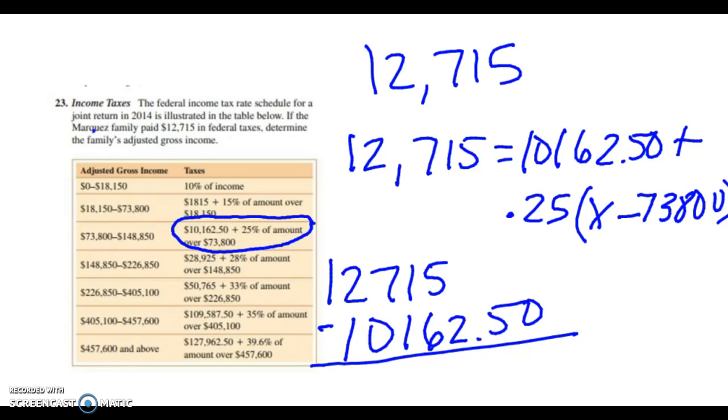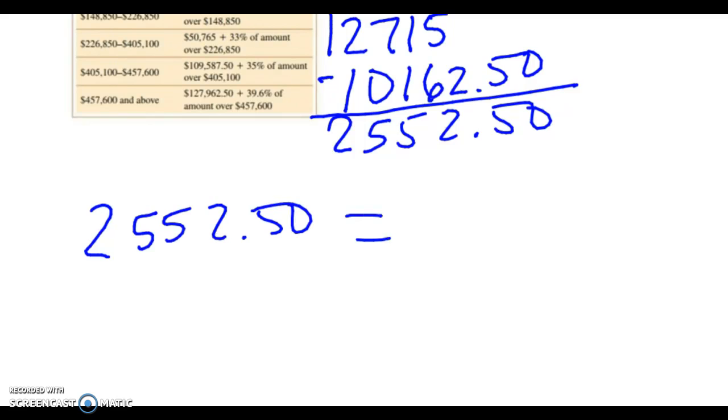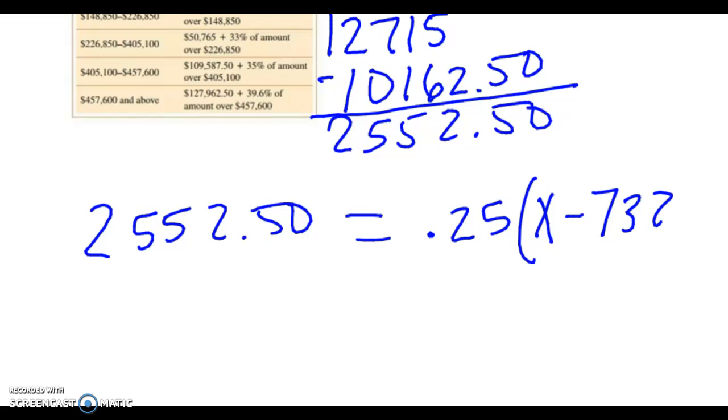And we get the difference of that is $2,552.50. Okay? So then we have this amount, $2,552.50 equals 25% of the amount the family made that was over $73,800.